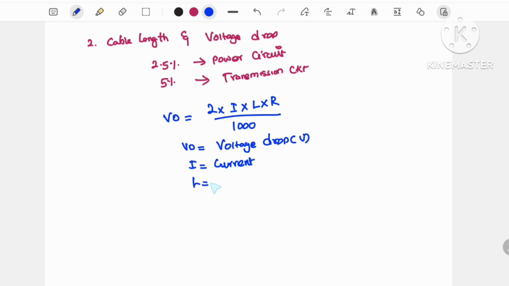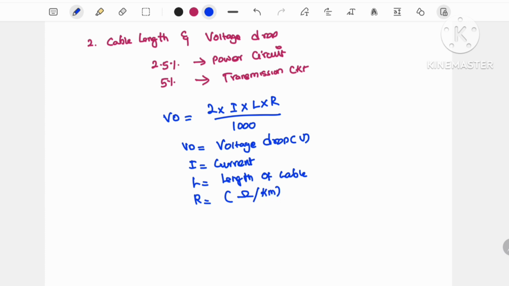And L equal to length of the cable, and R equal to resistance of the conductor. It's denoted by ohm per km, right?